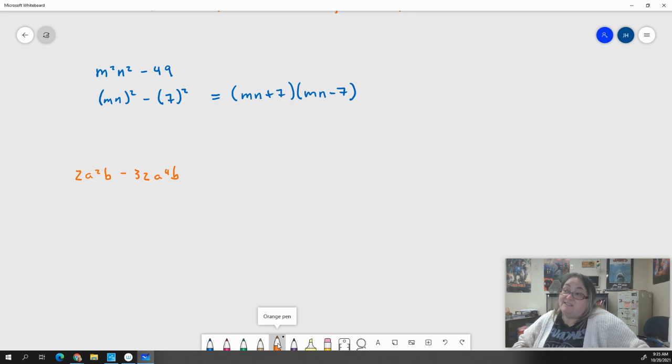Well, they each have a b that's not squared, but these are each also divisible by 2. And technically, we're always supposed to look for that greatest common factor first, like we did earlier this week.